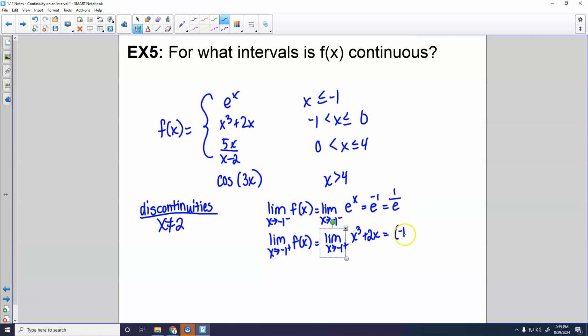That is -1 cubed plus 2 times -1, which will be -1 minus 2, which gives me -3. Does my limit exist at -1? It does not, because 1 over e does not equal -3, right? So x cannot equal -1. Can't have that one.